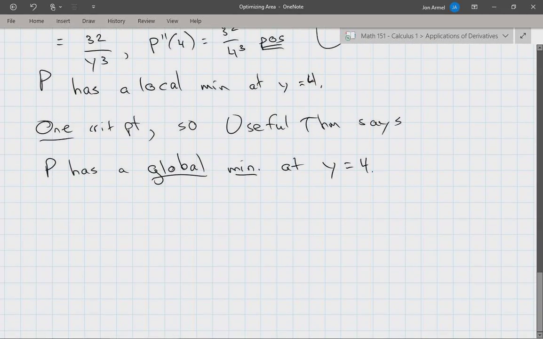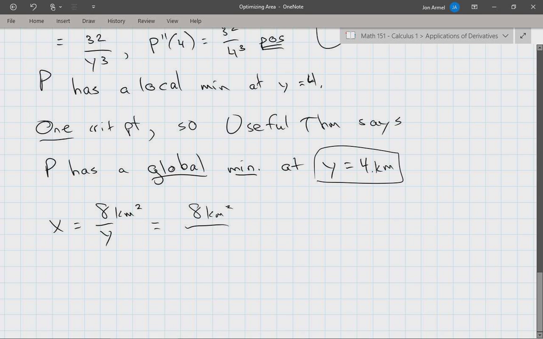Okay, so remember I had that x equals 8 over y. Oh, sorry, y is 4 kilometers. I should be a little more precise about that. And that means that x is going to be 8 kilometers squared over 4 kilometers, which equals 2 kilometers.